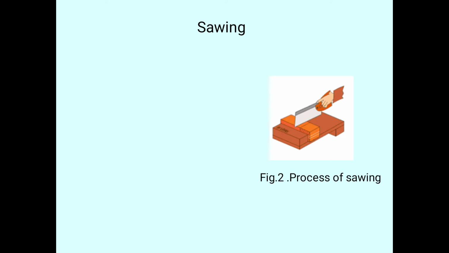Next process is sawing. Here we are doing the sawing operation using a saw. You can observe in the diagram the movement of the saw on the wooden workpiece.